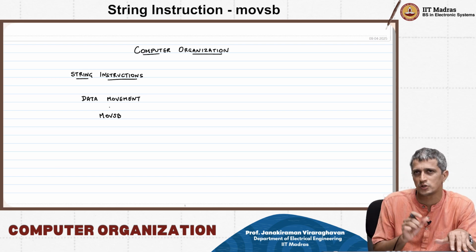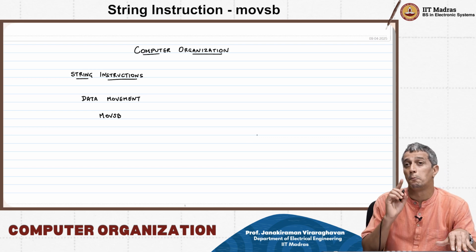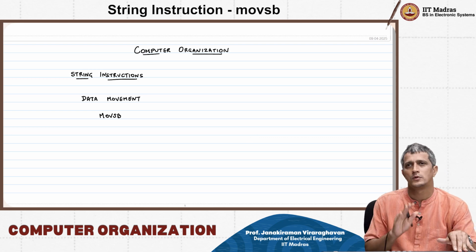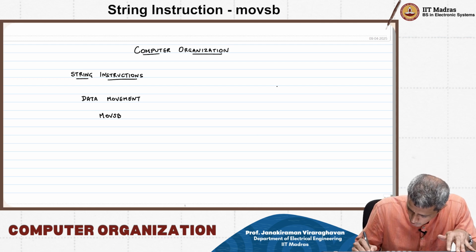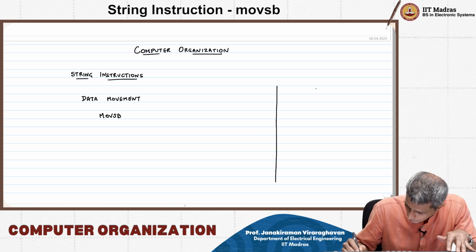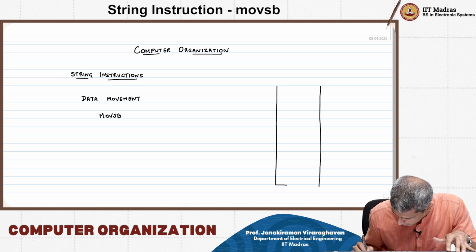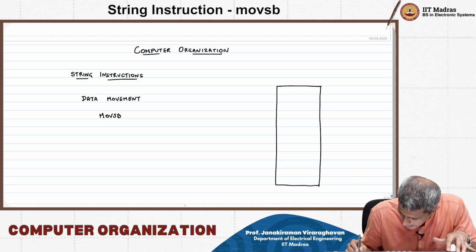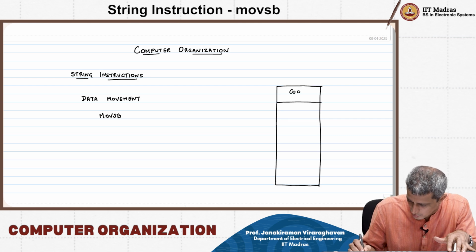So the move is, of course, we are moving. S is for string and B is for byte. Okay, now what does this actually mean? If you go back to the memory picture, this is going to be broken into many segments. Let's assume the small one, this is the code segment.